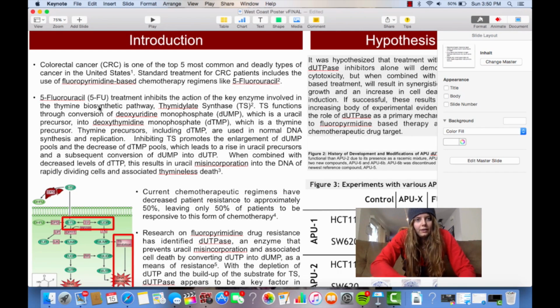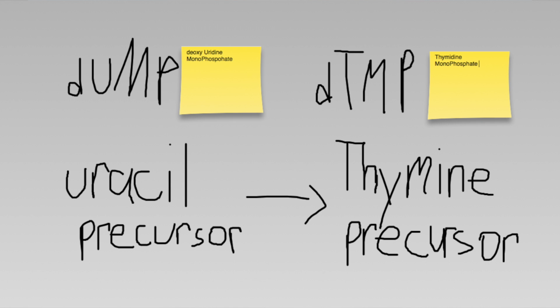So thymidylate synthase is a key enzyme to DNA replication in cells. What it does is it takes a substrate called dUMP, diverts that to dTMP.